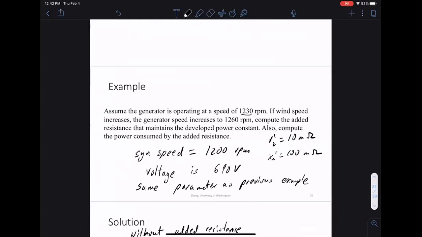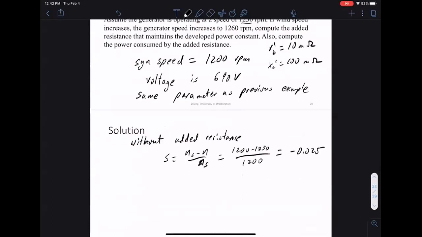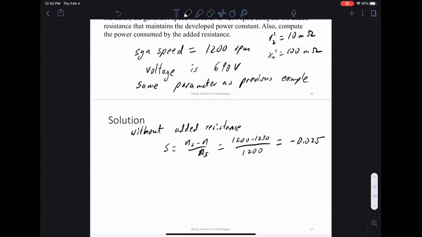If you take those parameters, then to compute the developed power, we have the standard equation.